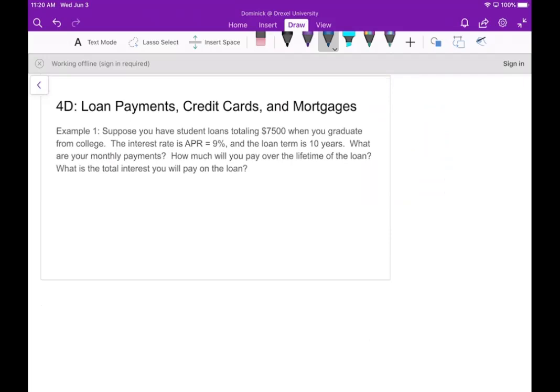So of course, since we're paying off something, we're going to use our loan payment formula, right? So P times R over N over 1 minus parenthesis 1 plus R over N to the minus NT. Of course, now here we'll just fill in everything that we know. So P we know is 7,500.